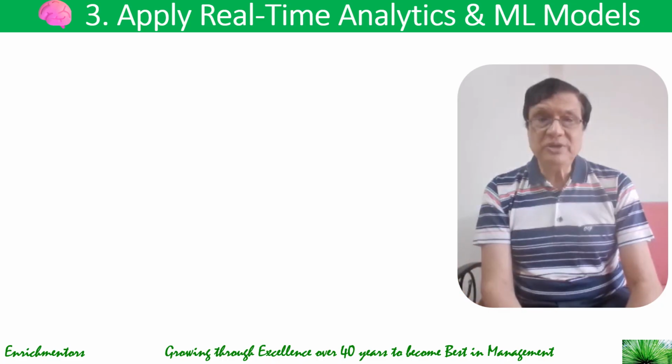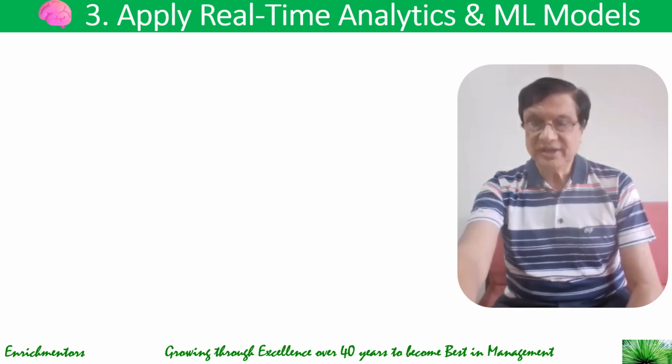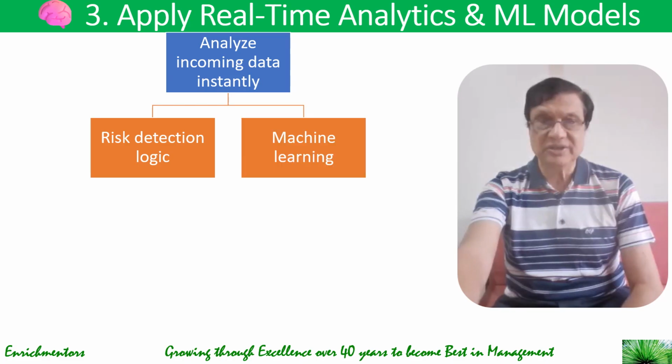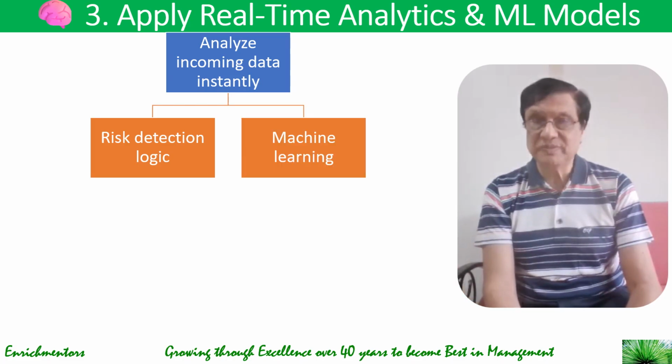The third step would be to apply real-time analytics and machine learning models. And there you analyze the incoming data instantly using risk detection logic or machine learning. Either of those. Now, what are some examples of both of these?